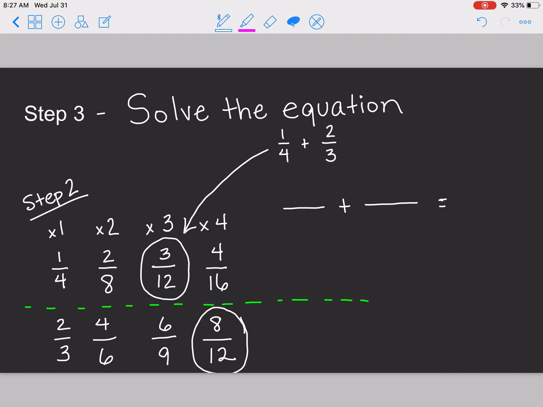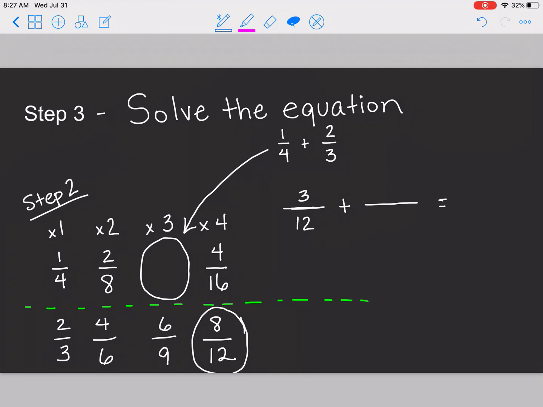So what I want to do, and you're going to have to actually write this, I'm going to just drag and drop. But I'm going to take my 3/12, and it's actually going to travel and be the first fraction in my rewritten equation that's going to have the common denominators in it.